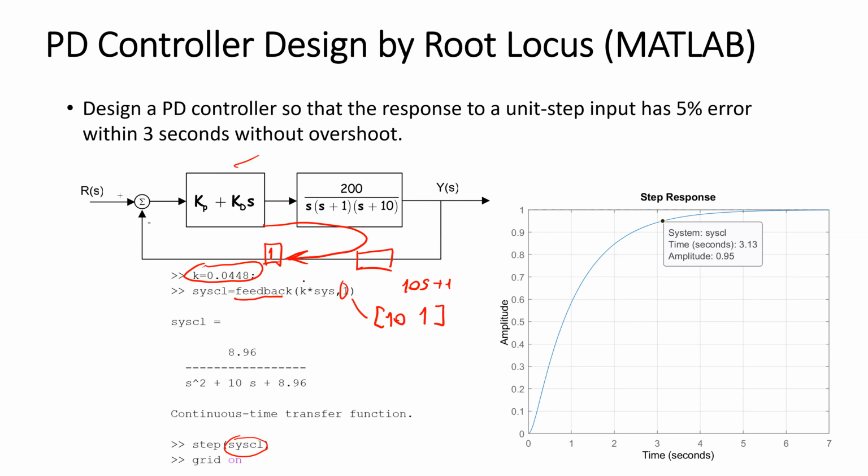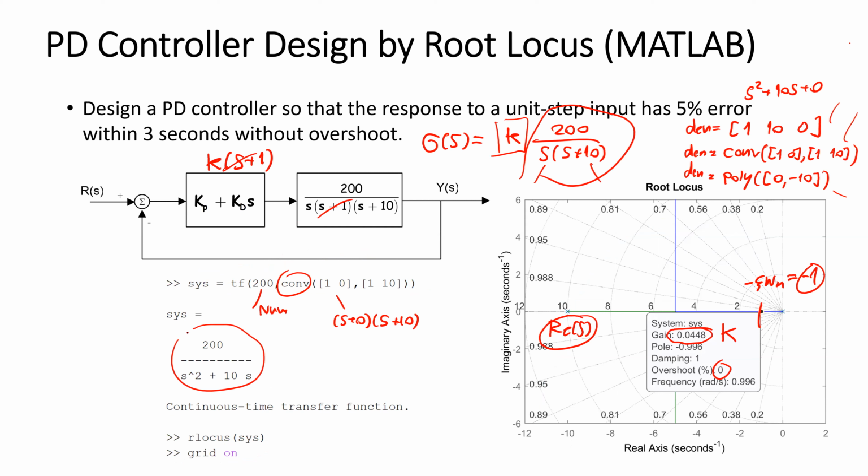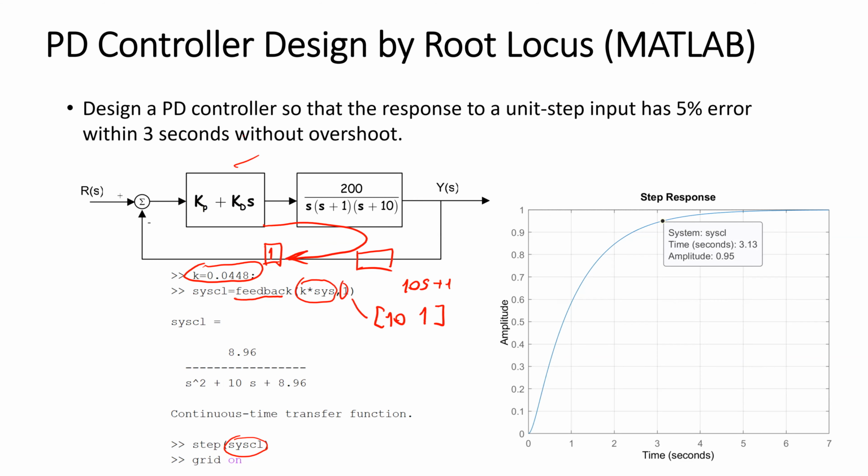For the feed forward, if you still remember the sys here, now the sys already combined the controller and the plant, just leaving the gain K. So when I already obtained the value of the gain K, I just multiply the gain K to the sys.